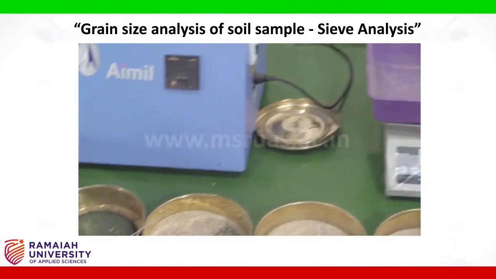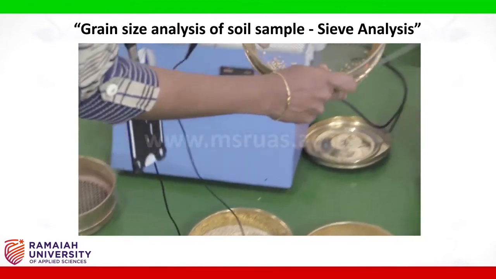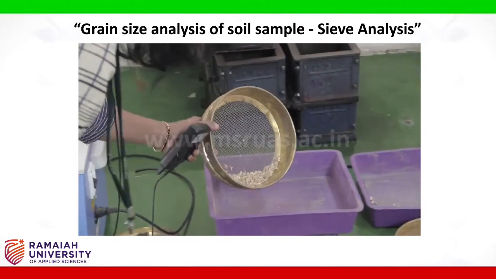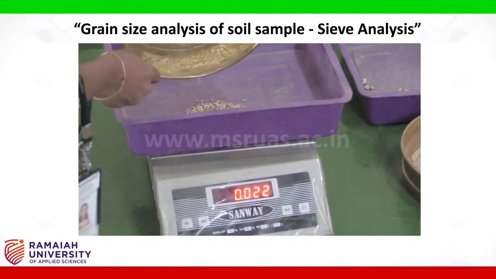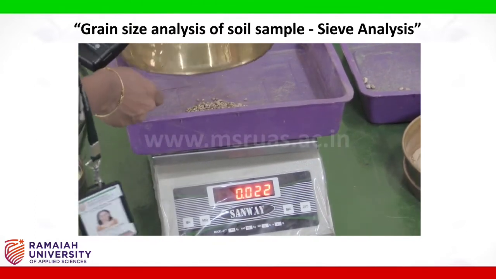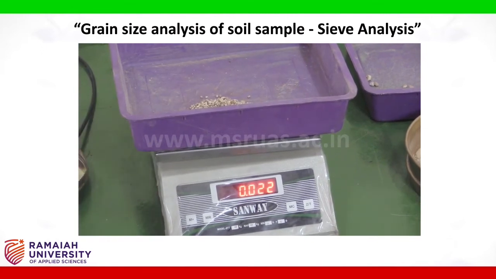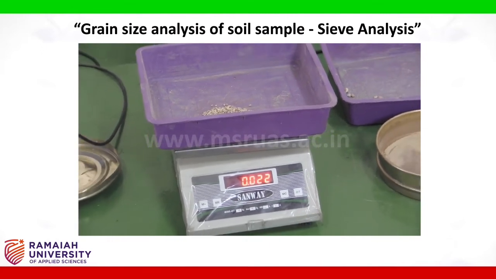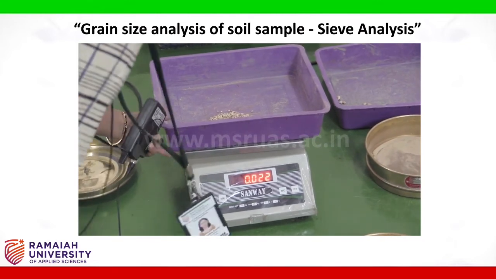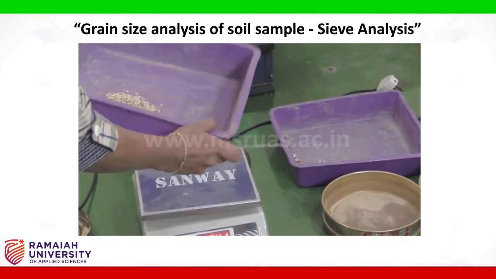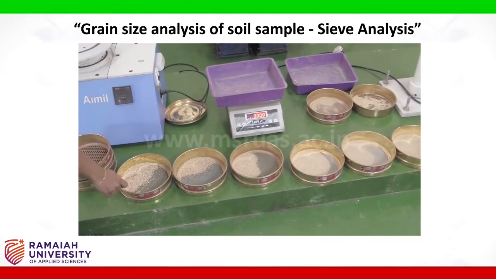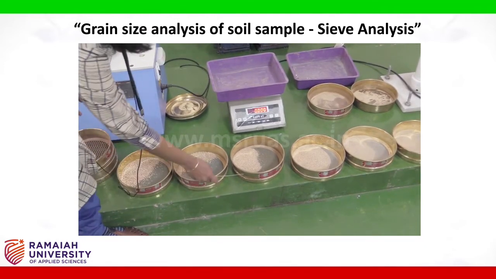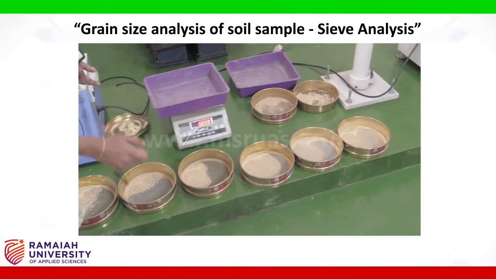Similarly, once it is over, remove it. Take the next sieve and weigh the soil retained in that sieve. Note down the weight of the soil retained in that sieve. Similarly, weigh the soil sample retained in each of the sieves and note down the readings.